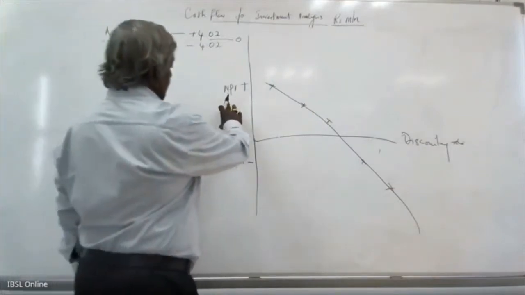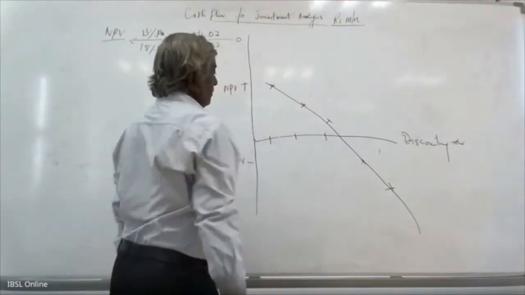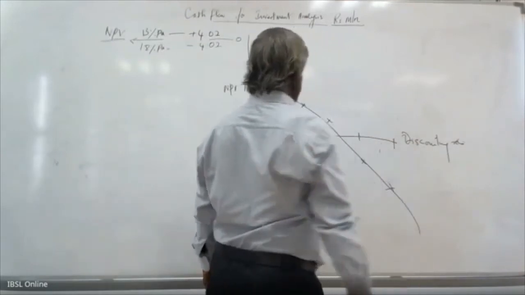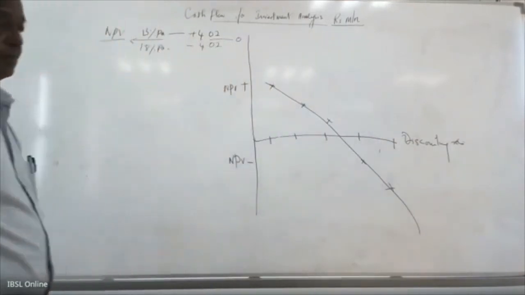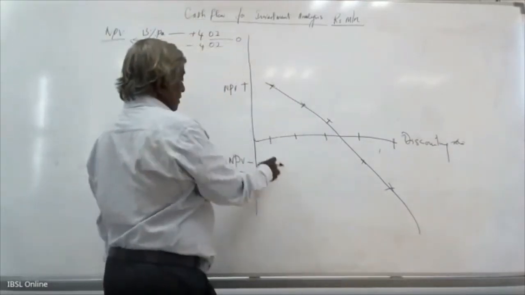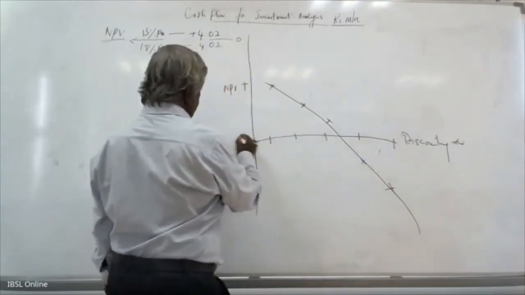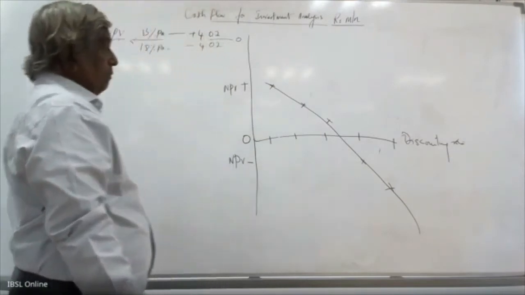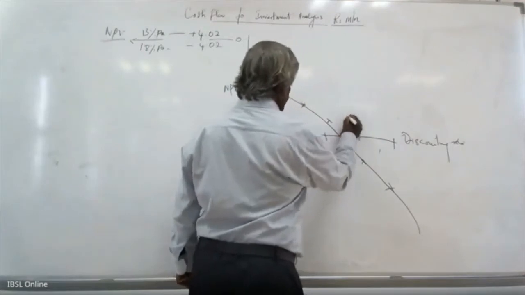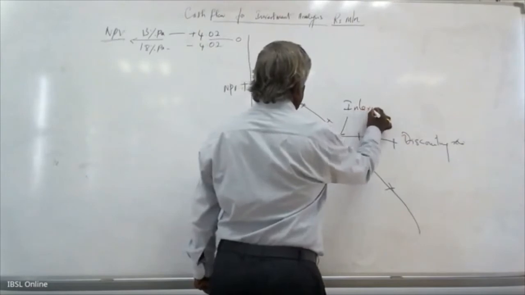Here the NPV is positive for lower discount rates, and negative for higher discount rates. At one point, the graph passes through where the NPV is 0. There is a special name for that point: internal rate of return.